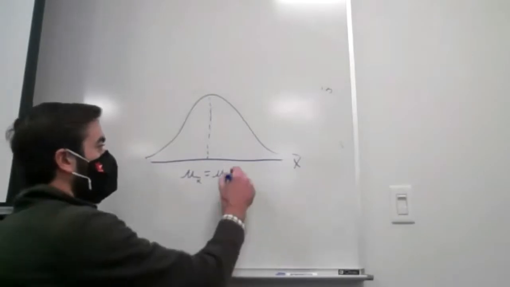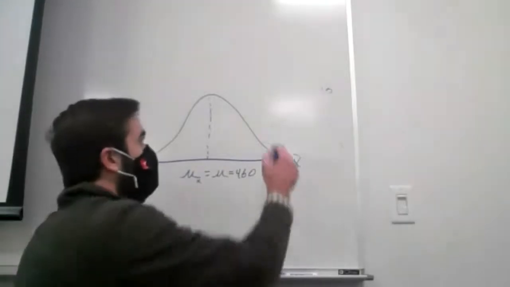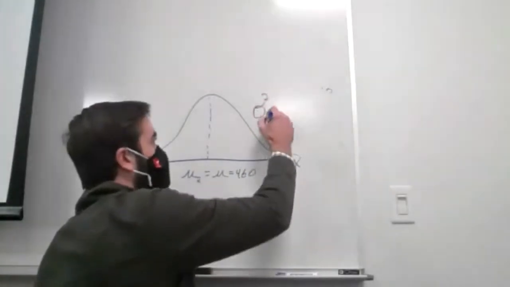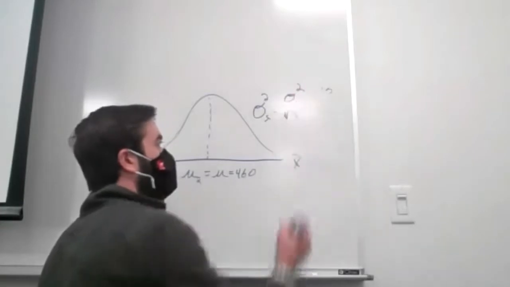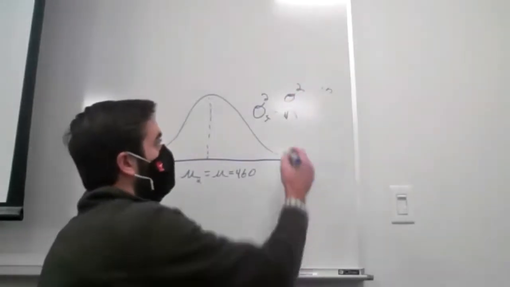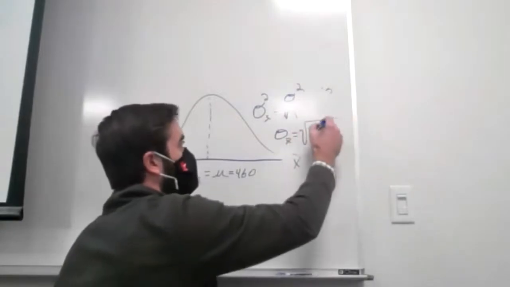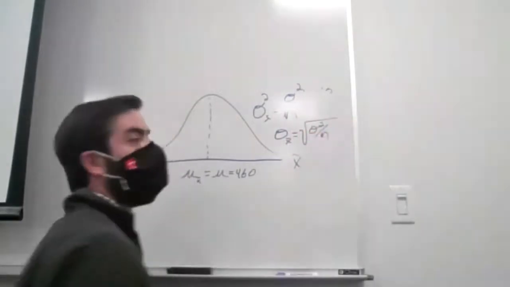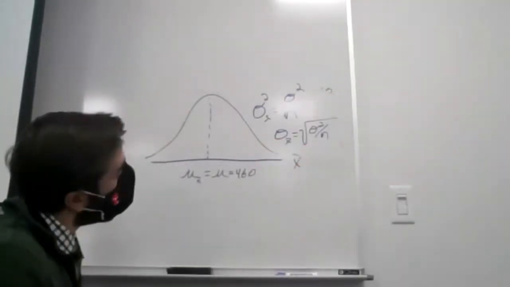So for us, that was 460. The variance of our sample means is just the original variance divided by our sample size, which means if we wanted the standard deviation, it would just be the square root of that.